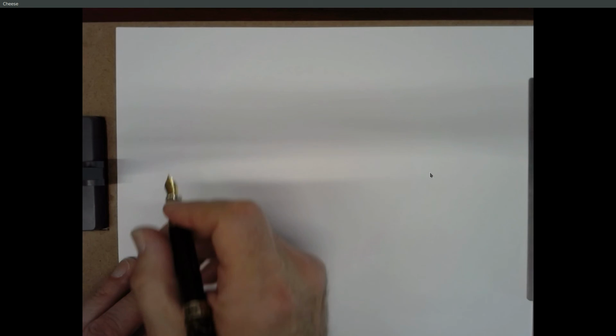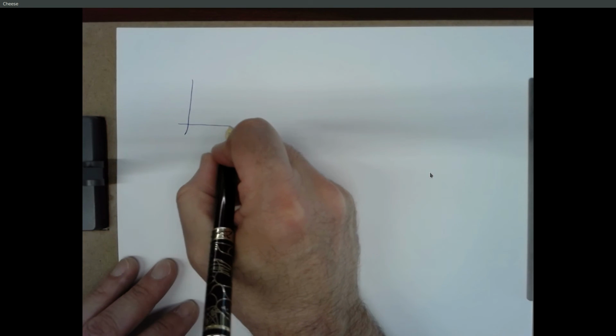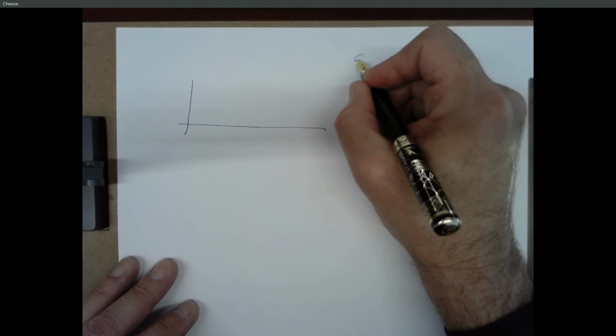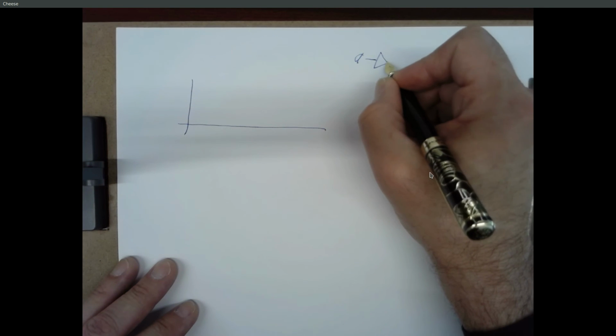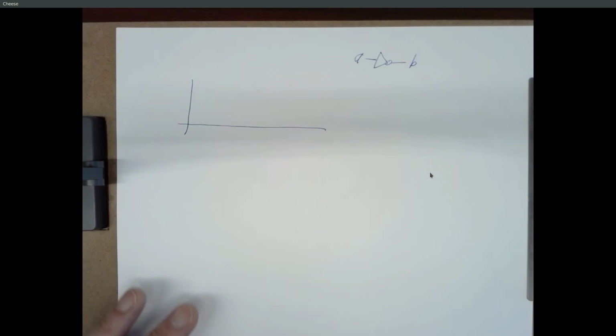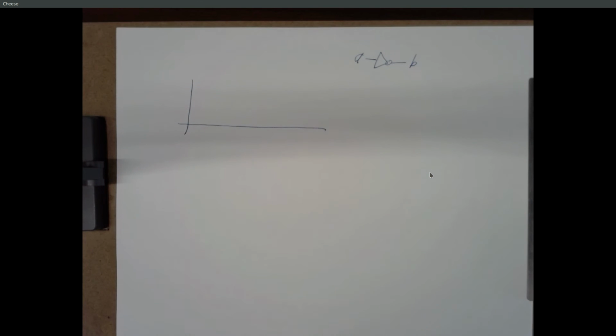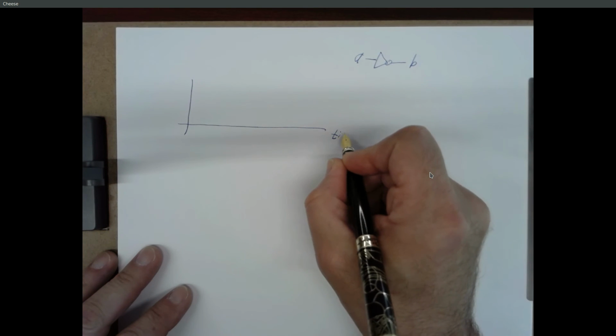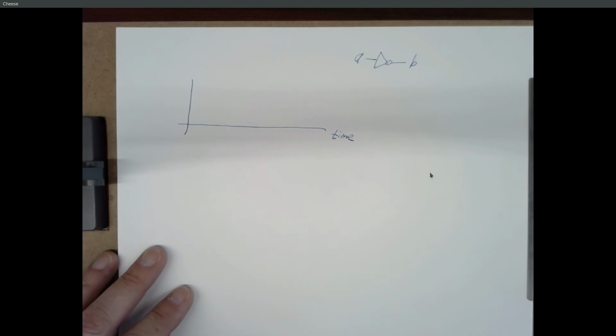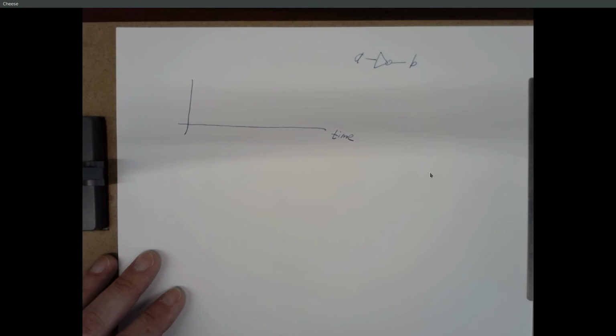So here's another difference. Let me draw a circuit here, which is just an inverter. A goes in, B comes out. And let me draw a graph where we have time going horizontally.